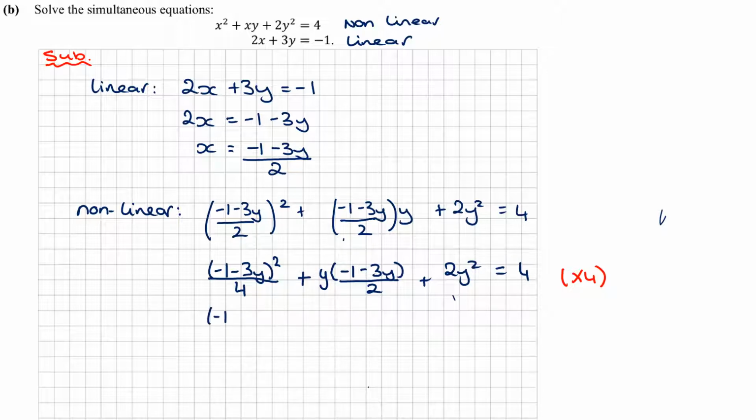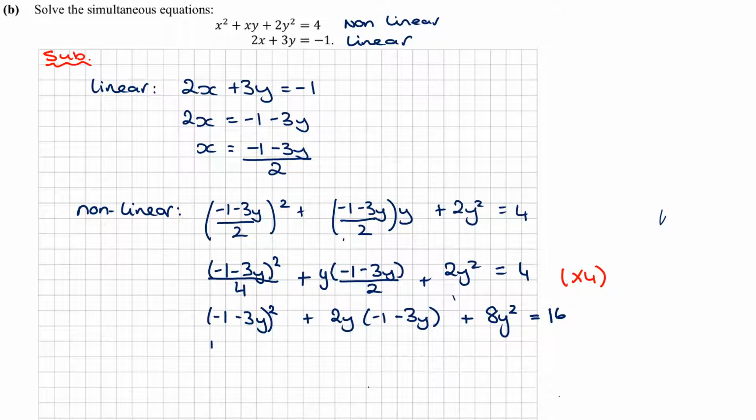So we end up at minus 1 minus 3y squared plus 2y by minus 1 minus 3y plus 2y squared, apologies, plus 8y squared, because remember we're multiplying by 4, equals 16. I've just put the bracket in the wrong place here, so it's that whole thing squared.